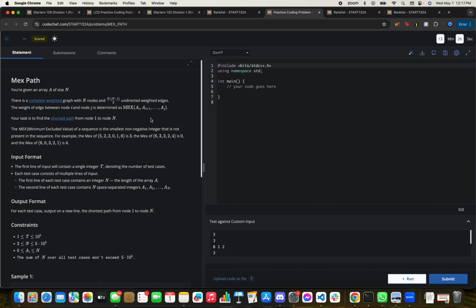I guess it's like from a fixed starting index, the mex will get bigger as you increase the right endpoint.